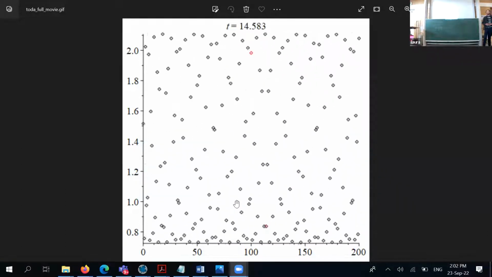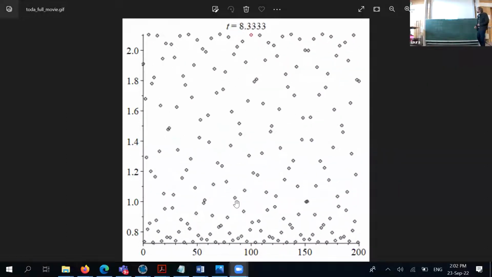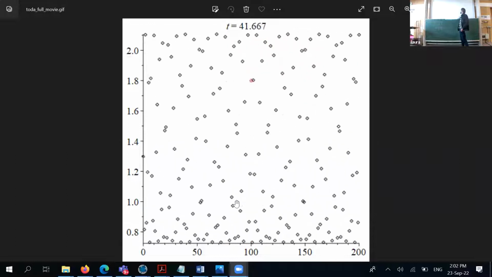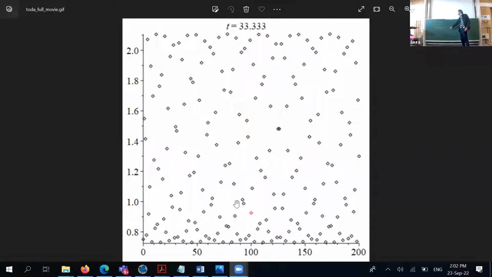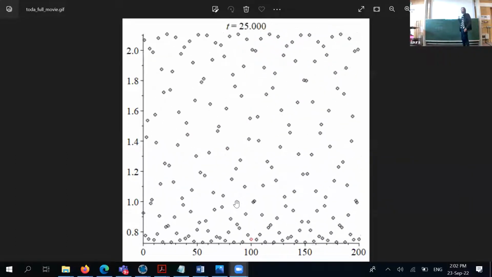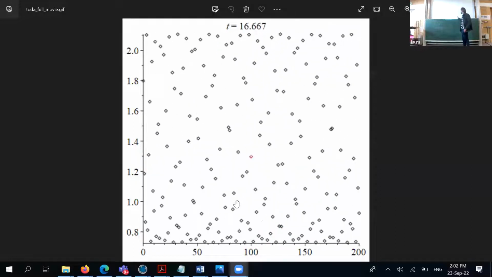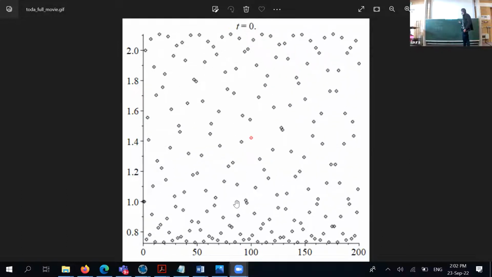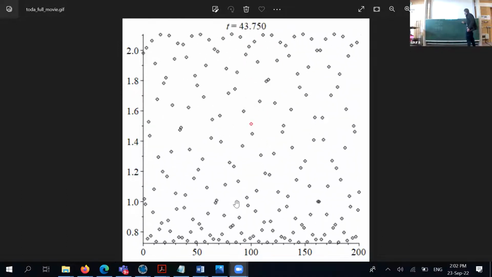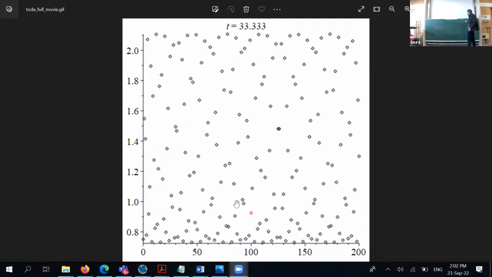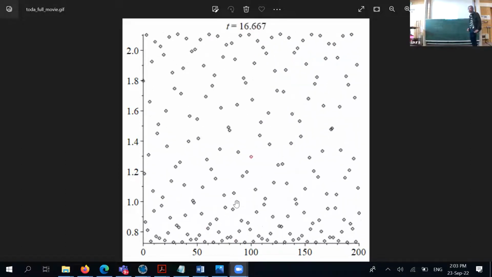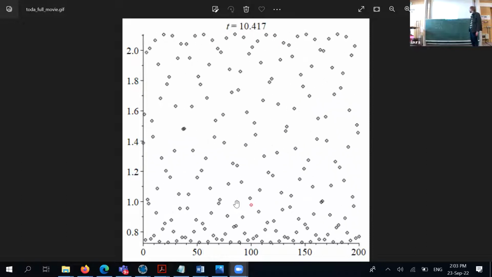Sorry, Andy, what are the little circles or diamonds? The horizontal axis is n, which here goes from 0 to 200, and what's being plotted is Dn of t, for n going from 0 to 200. That's what this solution looks like.